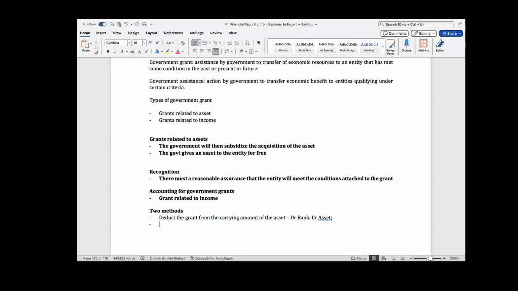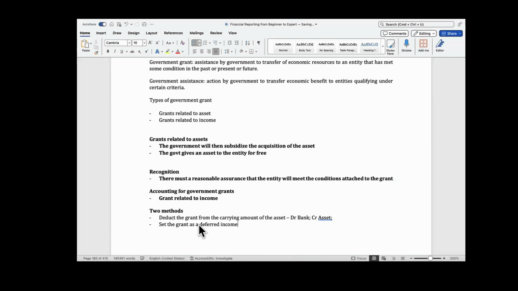The second way is to set the grants as a deferred income. That's what the standard said. It said set the grant as a deferred income. Now don't reduce it from the cost of the assets. Set it as a deferred income.